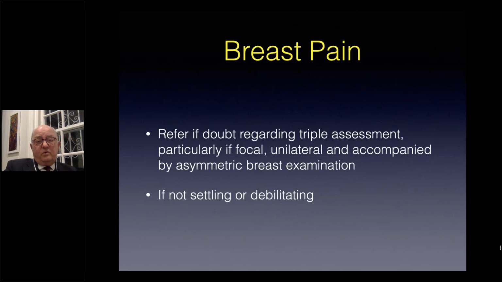I did mention before that breast pain is very rarely associated with breast cancer, but on occasions it can be, and you sometimes will see a patient who says, I've got pain, and then on further investigation, they do have an underlying neoplasm. And so people with focal signs, rather than the bilateral cyclical type of pain, may need referral for further assessment.